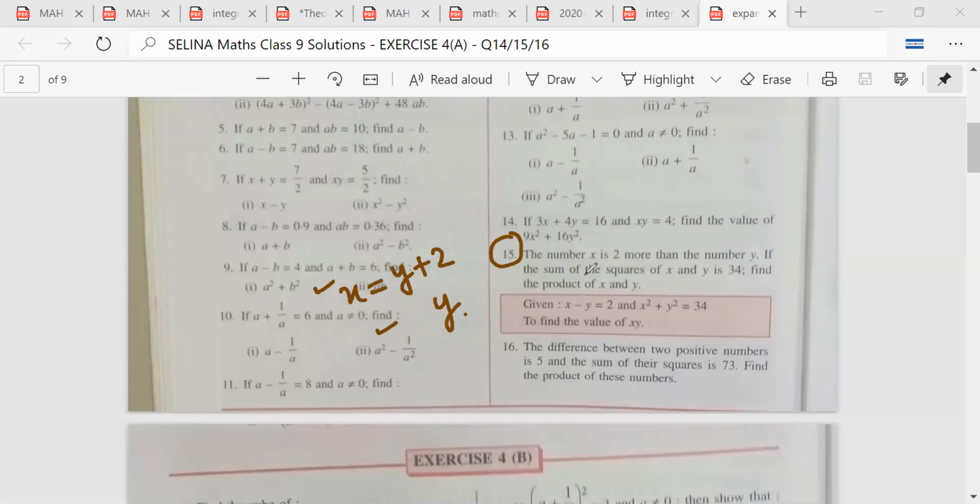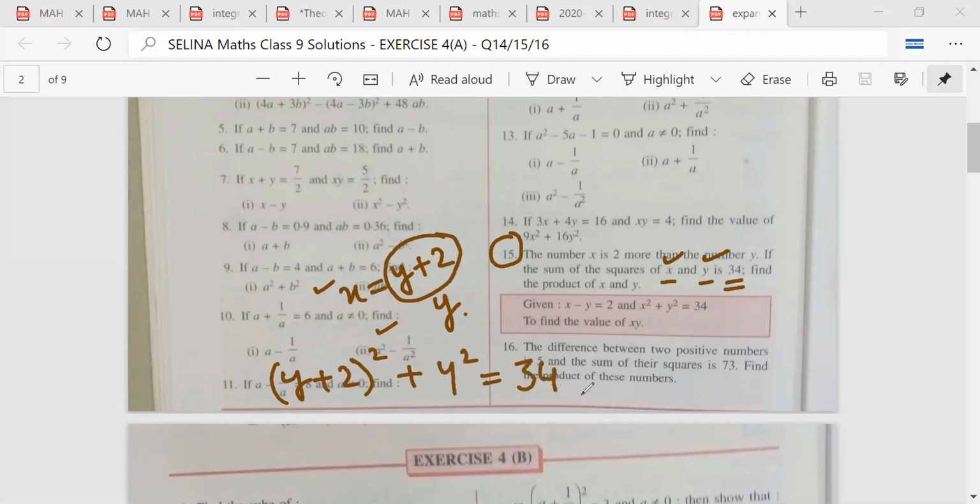So if the sum of the squares of x and y is 34, what this means is that you take the squares of this and this, and we know that x is equal to y plus 2. So all this line is telling you is that you need to take the square of y plus 2 and y square, and the sum of these two would be 34.